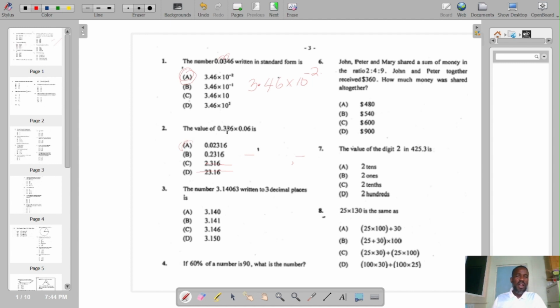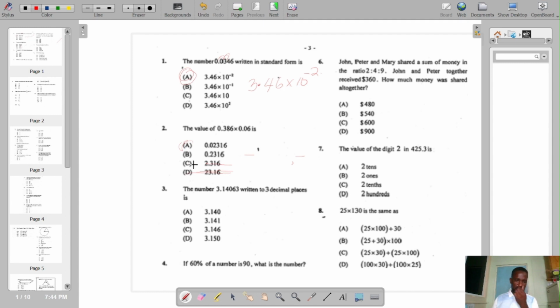Now, the value of 0.386 times 0.06 written in standard form is. So we're going to multiply 0.386 times 0.06. Again, we want to use the process of elimination. By using the process of elimination, we know that if we multiply this number, there's no way we can get 23.16.